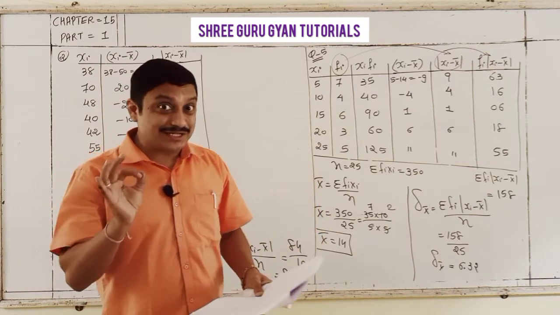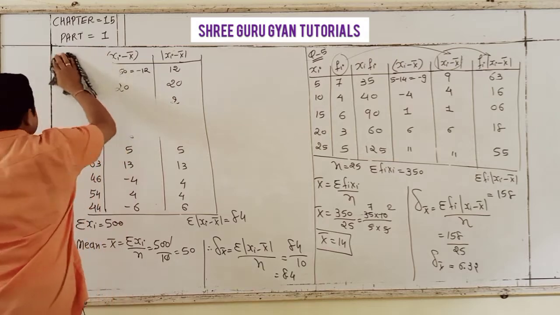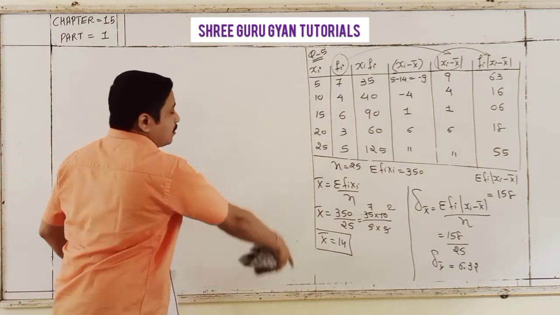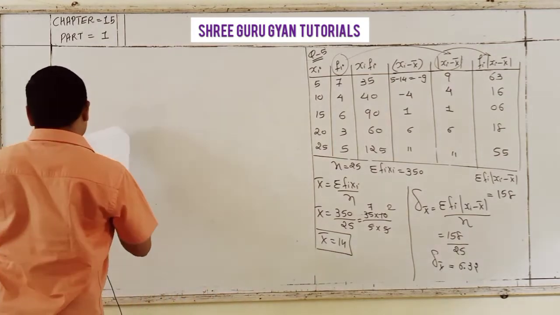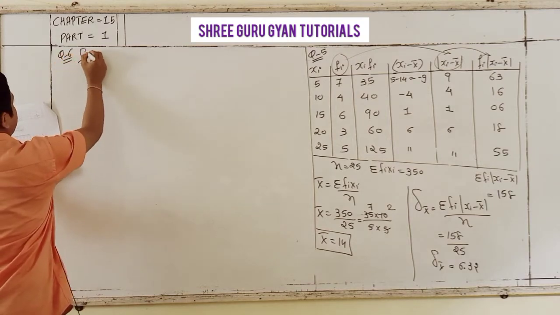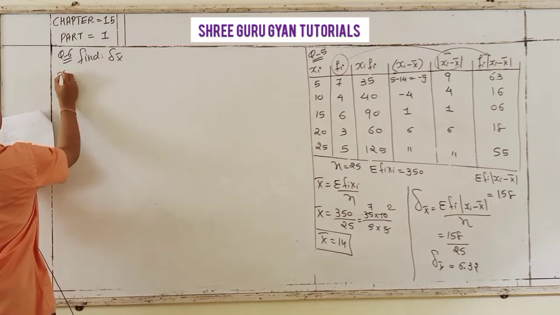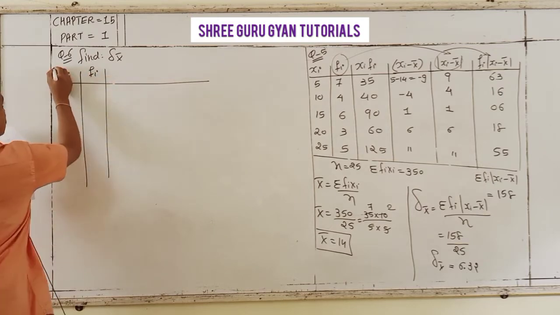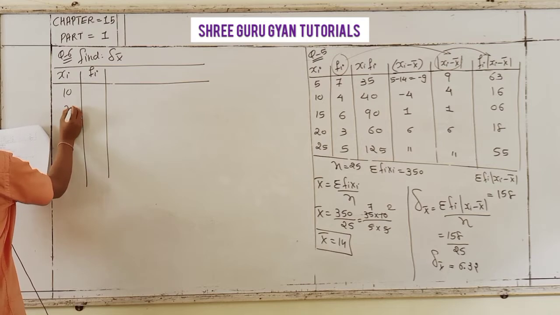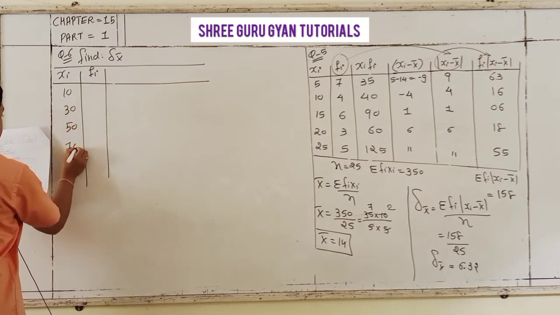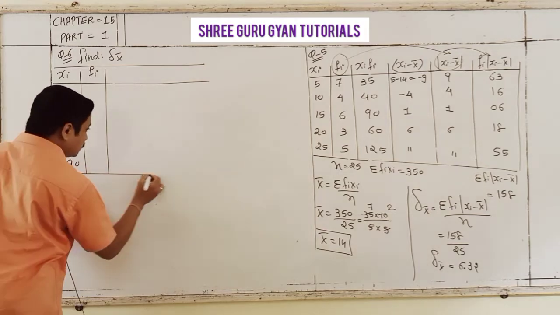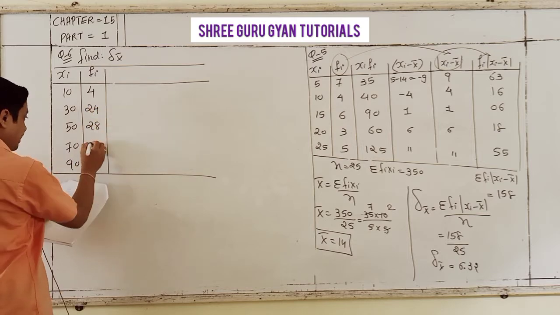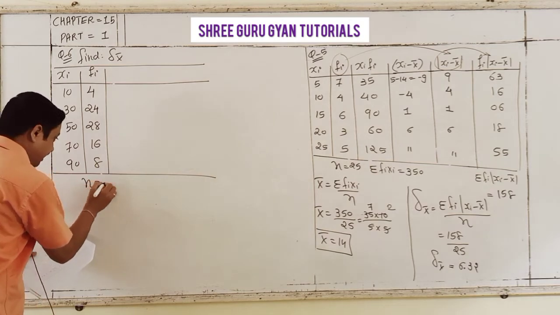Now I will go ahead slowly. Question number 6: same, mean deviation about the mean. Find the mean deviation about the mean, given xi with fi. xi is 10, 30, 50, 70 and 90, and here fi is 4, 24, 28, 16 and 8.